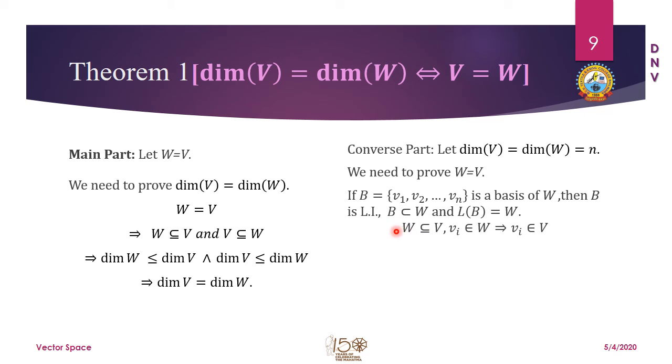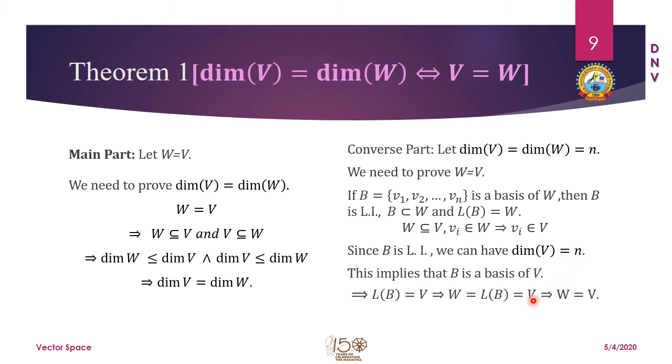We consider an element in W which belongs to W. When it is a subset of this, it also belongs to V. So this is the complete sentence stating that whenever the linear span of any set B is W and it is a subset of V, then we can always have an element in W which also belongs to V. So this helps us say that since B is a linearly independent set of vectors, the dimension of V is equal to n, and this enables us to say that B is the basis of V also.